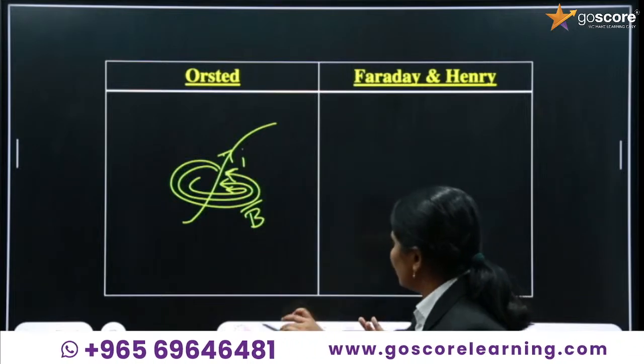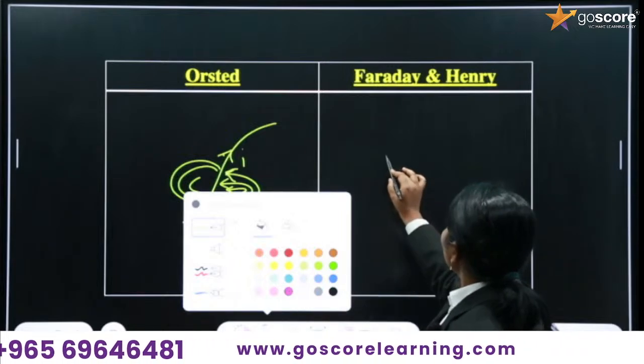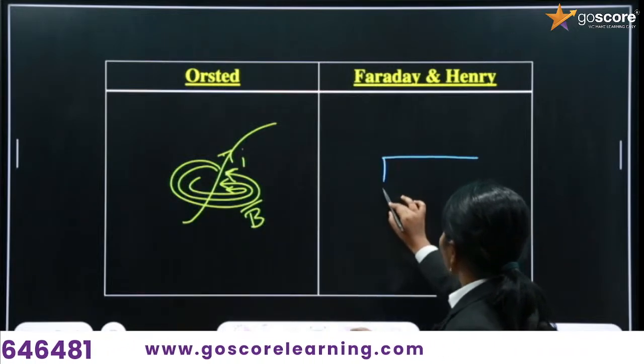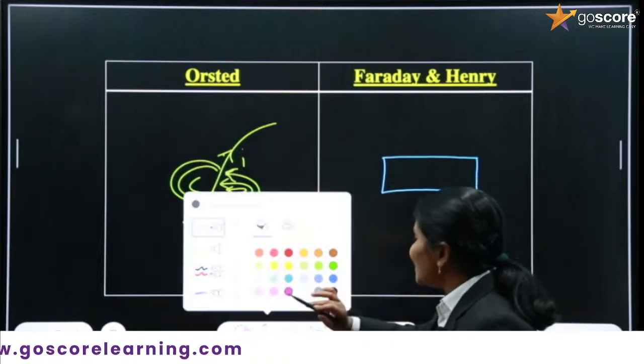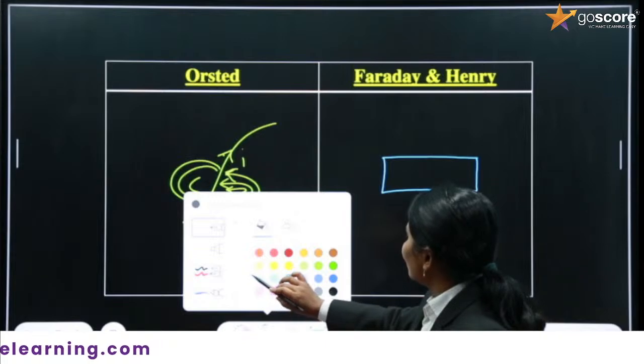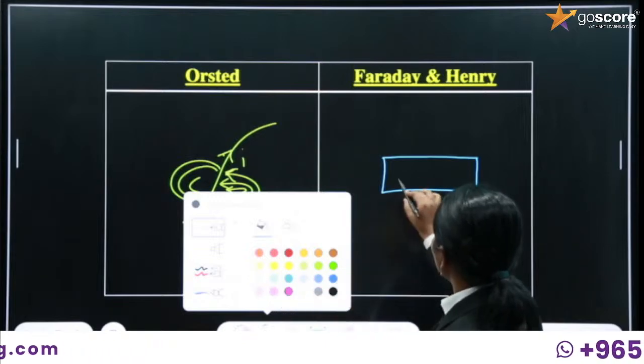But here, from the magnet, EMF and current are produced.